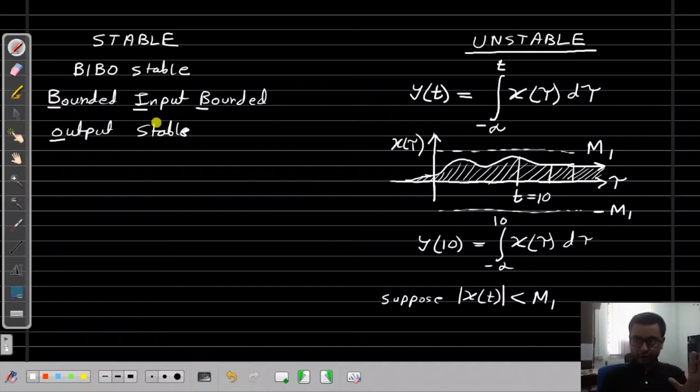Just for your information, there are other notions or types of definition of stability, but in this course, by stability we shall mean BIBO stability, or bounded input, bounded output. That means if the input is bounded, whether the output is also bounded or not will determine whether the system is stable or unstable.